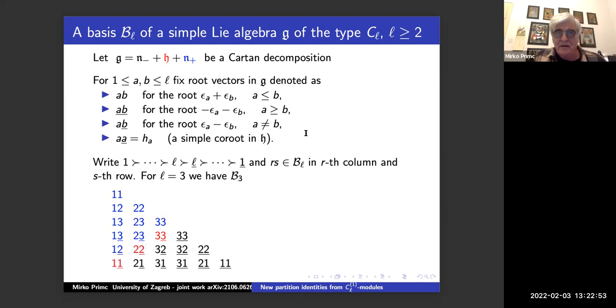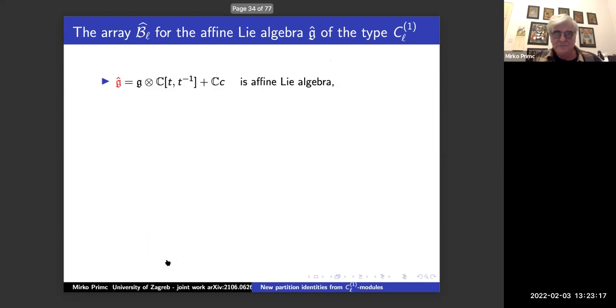Looking at it as a Kac-Moody Lie algebra, it will be Chevalley generators E1, E2, E3, and below we shall have F1, F2, F3. Okay, so this is the basis of n minus in black. We can write the formula, but it doesn't matter.